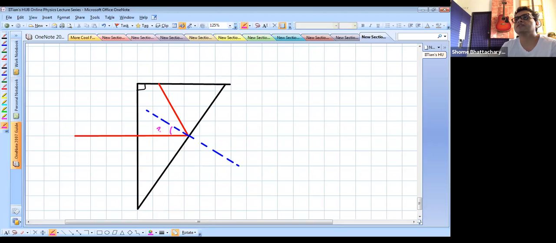So this is 30 degrees because this is 30 degrees. And then this is 30 degrees. So this whole thing is 60 degrees. Therefore, at the second place, the angle it is making with the normal will again become 30 degrees.